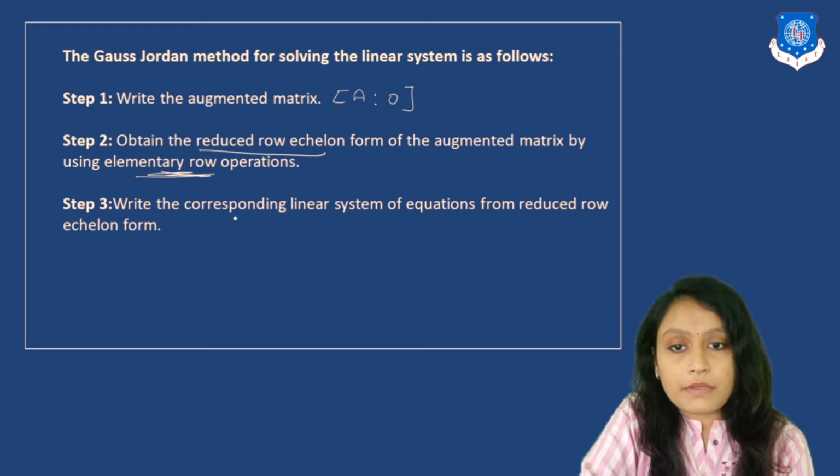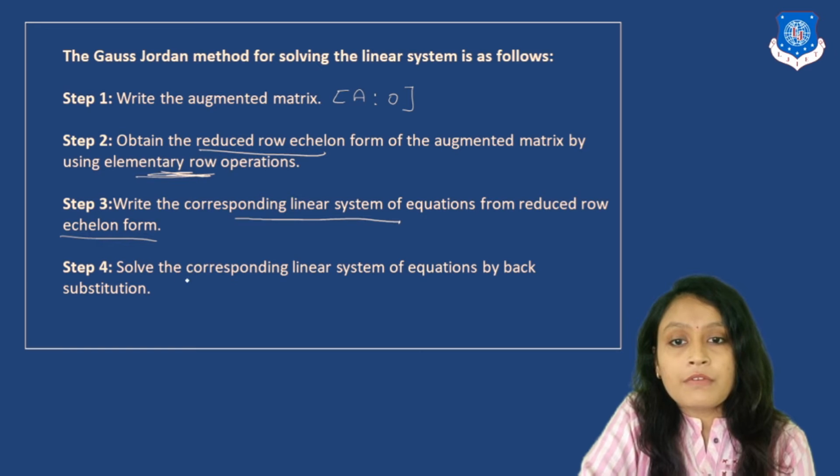The third step is to write the corresponding linear equations obtained from the reduced row echelon form, and at last we solve the corresponding linear equations by back substitution. In this way you will get the solution using the Gauss-Jordan method.